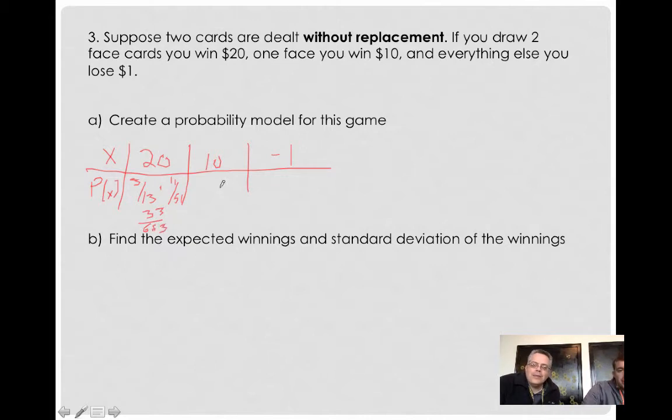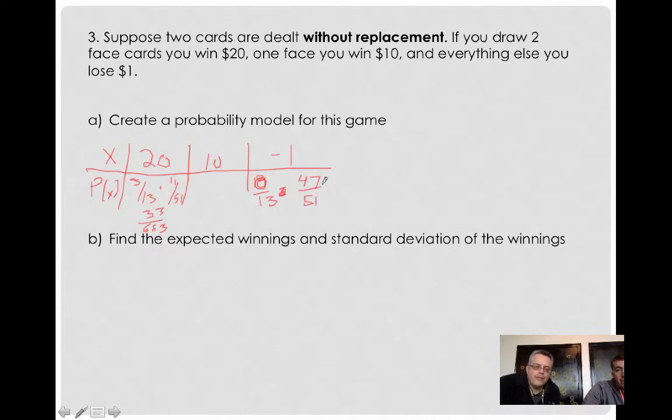The next easiest one to get is losing $1. You lose $1 by getting no face cards. So that would be 10 out of 13, times... out of 51.